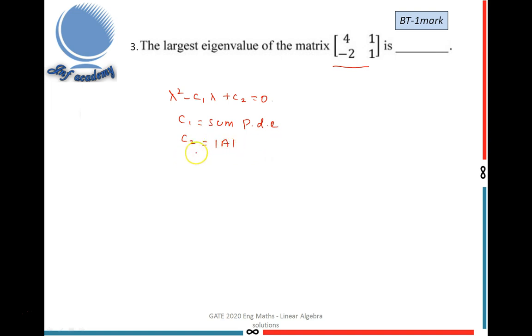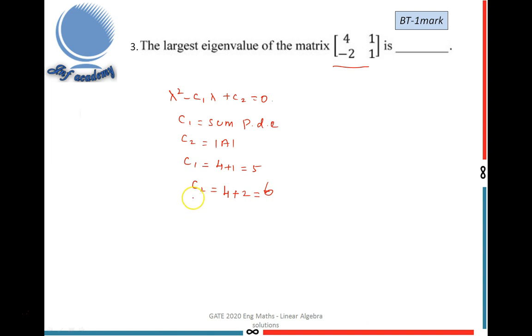So in this problem, C1 equal to the sum of principal diagonal elements, 4 plus 1 equal to 5, and C2 is the determinant of A. How to find the determinant? Multiplying these two numbers, 1 into 4, 4, put a minus sign, then multiplying these two numbers, minus 2, minus of minus 2, plus 2. So 4 plus 2, this is equal to 6.